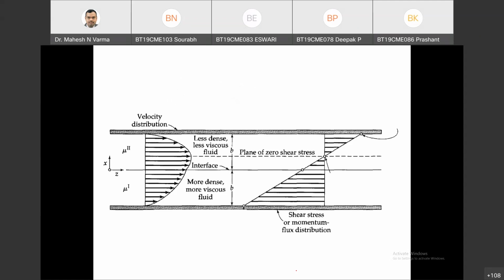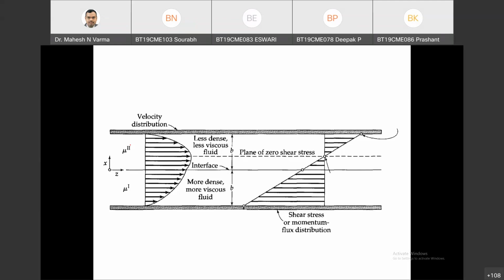Now, the most important thing: I got a shell momentum balance equation, but here I have two phases. This is phase 1 and this is phase 2. Why are these two phases? Because the viscosity of compound 1 is different from the viscosity of compound 2. Viscosity is the property which differentiates two materials as different phases in momentum transfer.